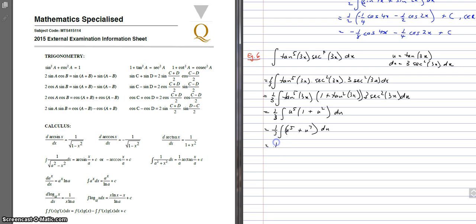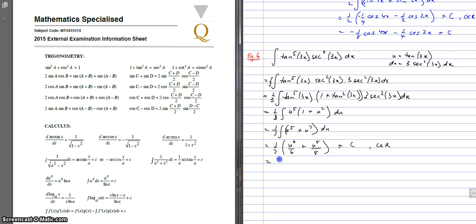Okay, so then 1/3 times, after integrating, we have u to the power of 6 over 6 plus u to the power of 8 over 8, and plus our constant of integration. And now we can just expand throughout, of course, and we can replace u with tan 3x.